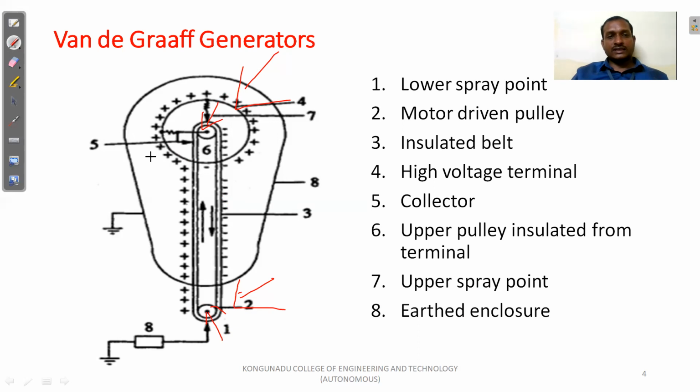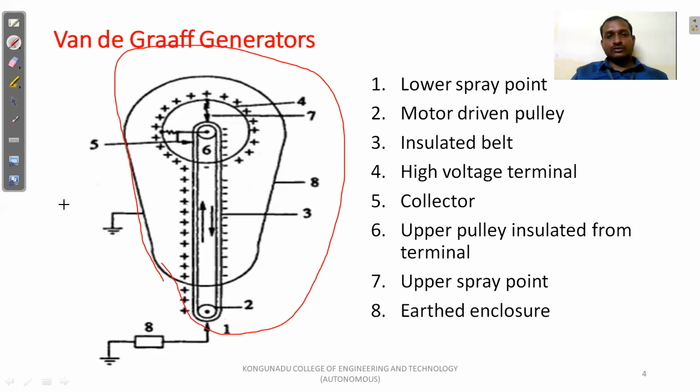The fifth one is the collector, which collects all the charges. The seventh one is the upper spray point. The eighth one is the enclosure. The total setup is enclosed and earthed, so the overall system is an earthed enclosure.